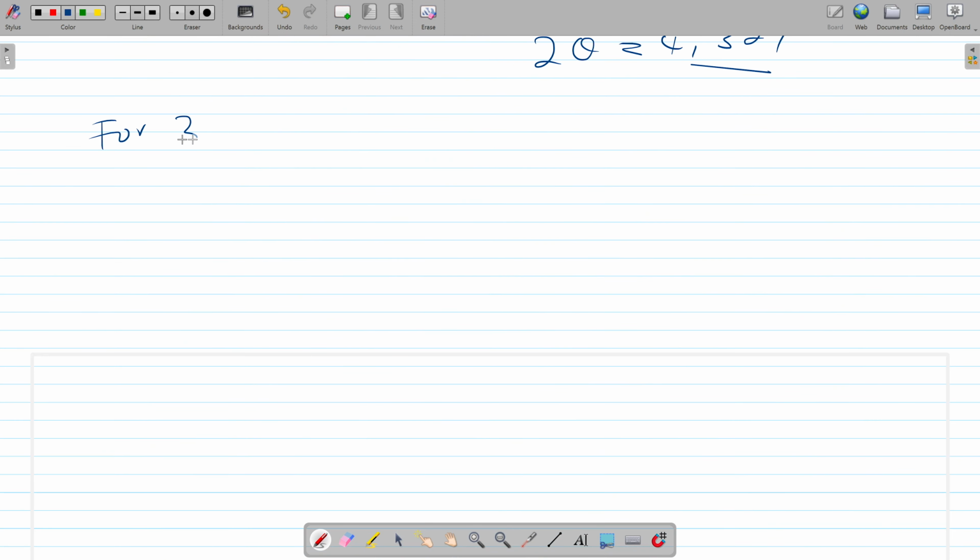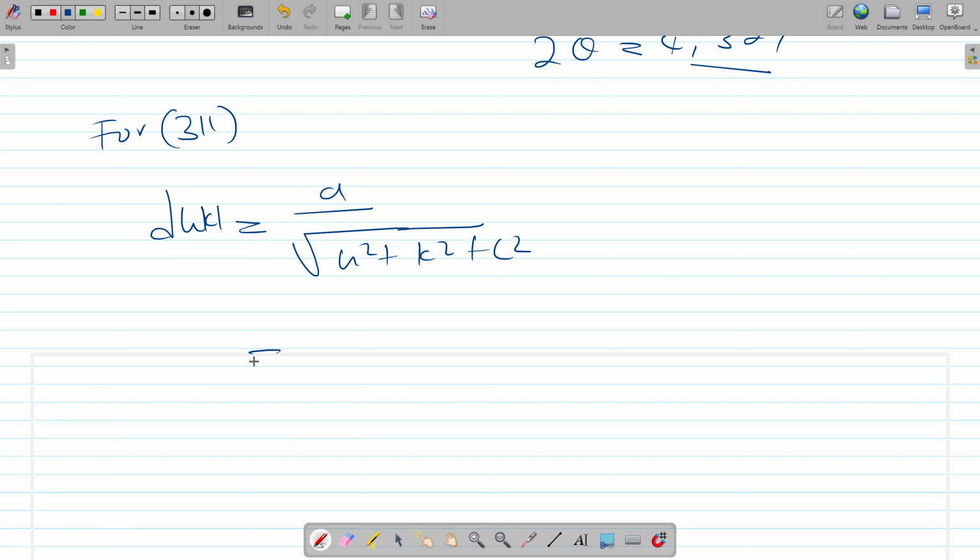So for 311 we have the following, right? We have d_HKL equals what? a divided by the square root of h squared plus k squared plus l squared. This is going to be 5.7748 angstrom divided by the square root of 3 squared plus 1 squared plus 1 squared.